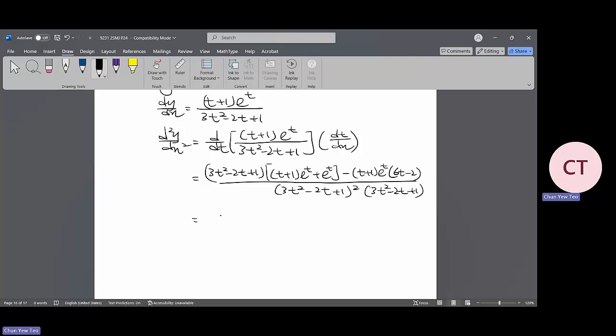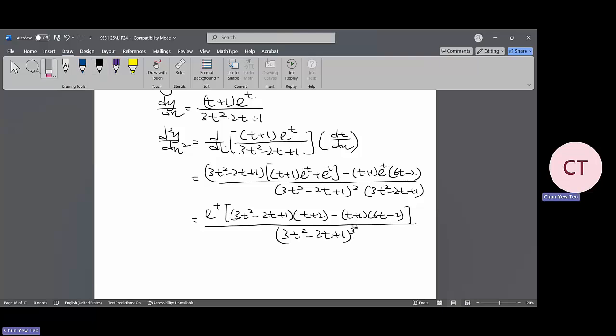So I think I just need to expand and factorize this, taking e to the power t out, so that I get (3t squared minus 2t plus 1) multiplied by (t plus 2), minus this one. If you factorize it, you will get (t plus 1) and (6t minus 2), divided by (3t squared minus 2t plus 1) cubed.